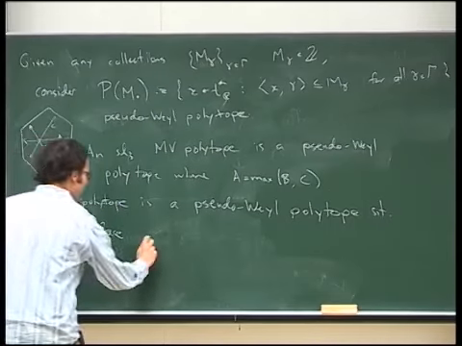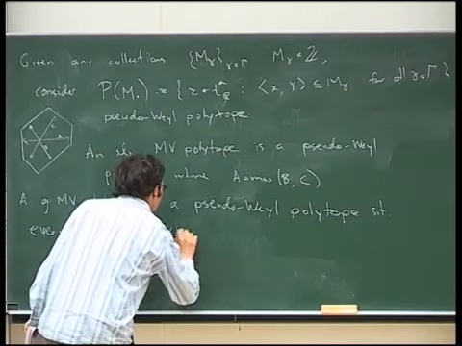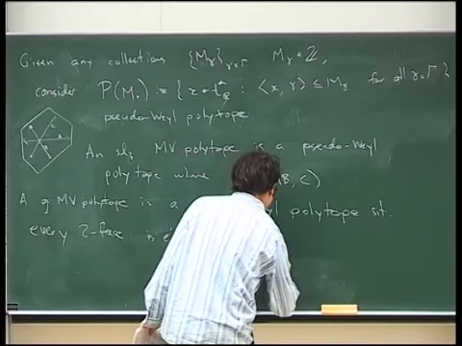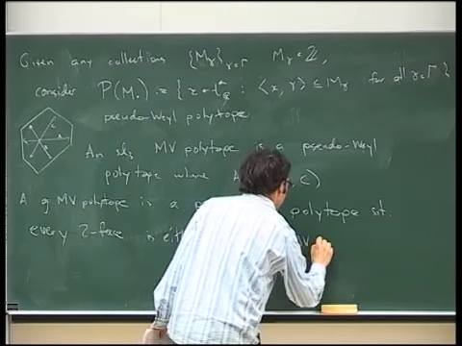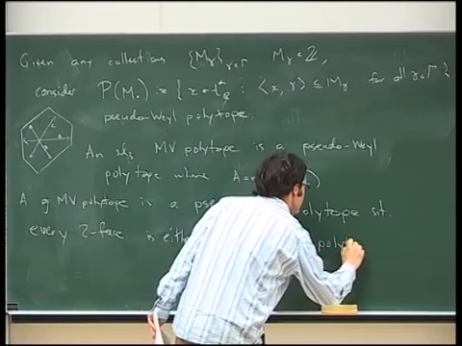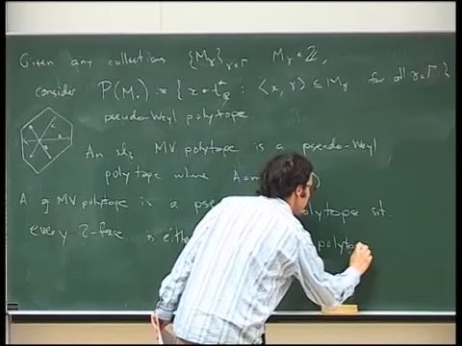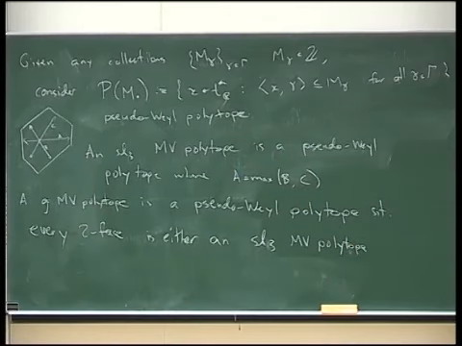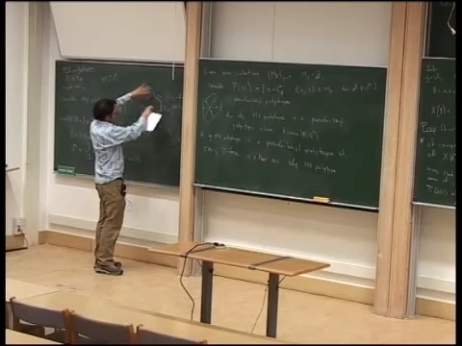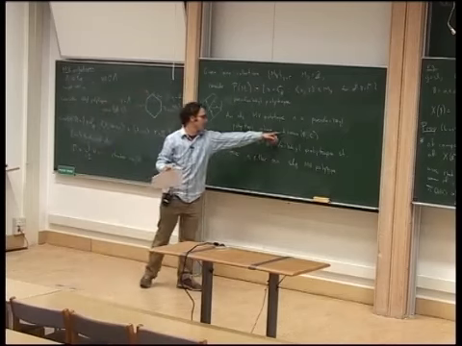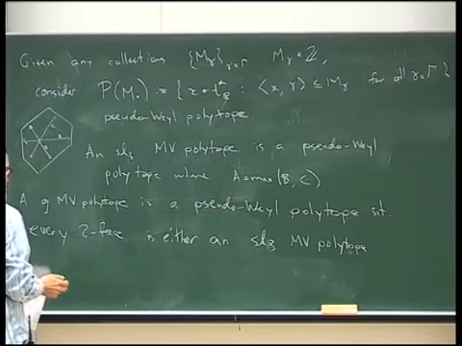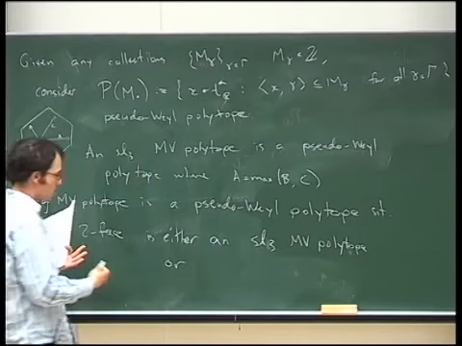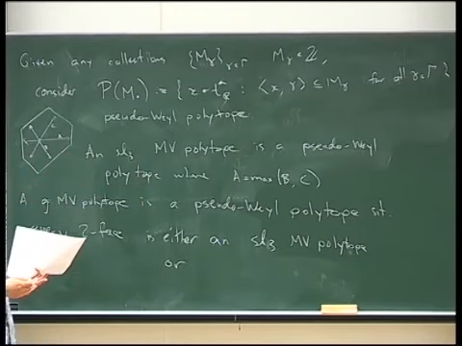Okay, such that every two-face is either an SL3 MV polytope, so it satisfies this A equals max of B and C criteria over there, which basically means you took this guy and you either stretched it out this way or you stretched it out this way. That's what you need to do to preserve this criteria. All the two-faces will either be hexagons or rectangles.